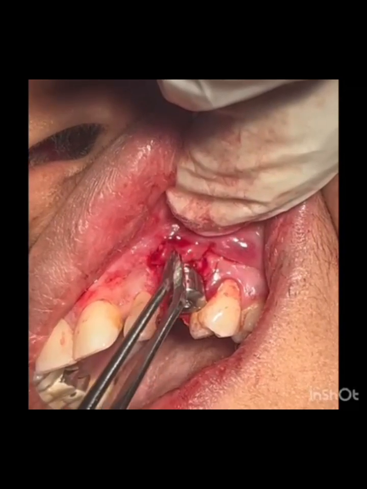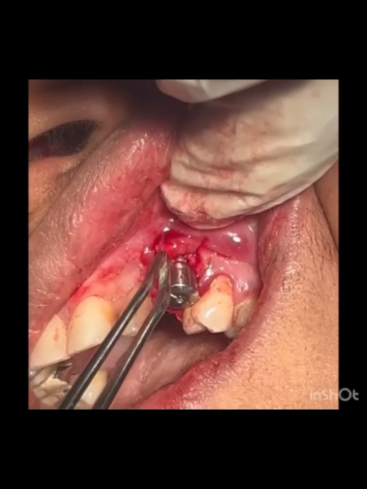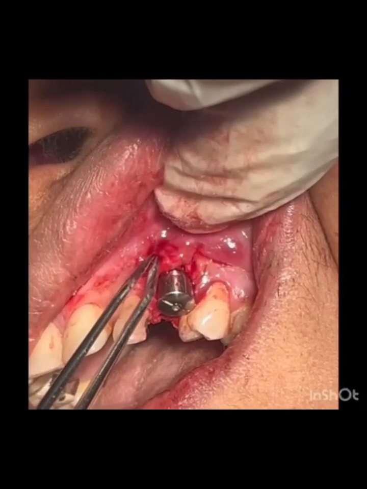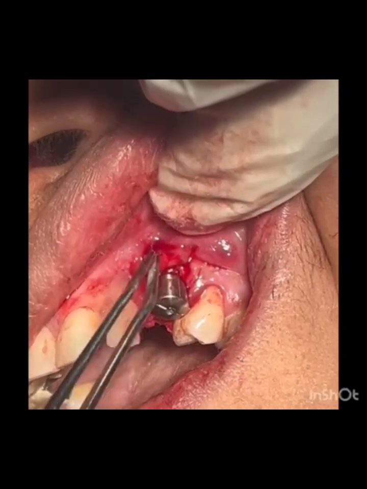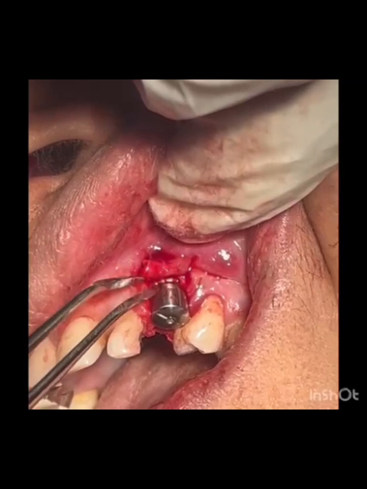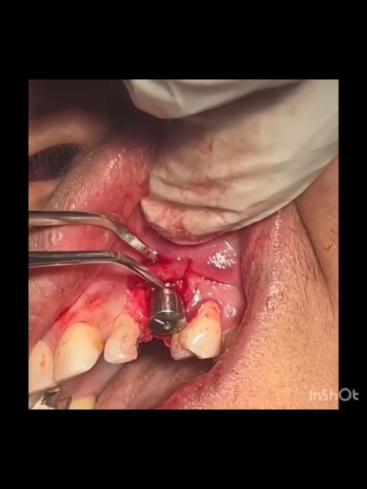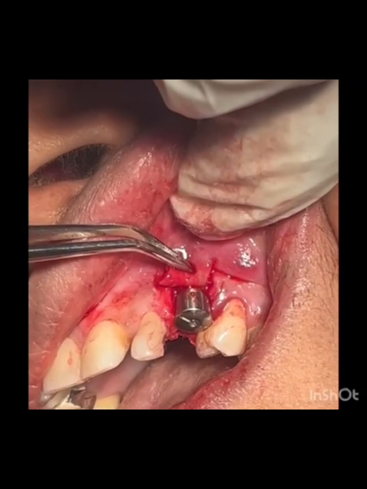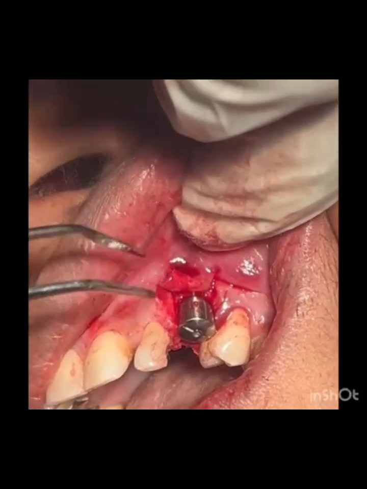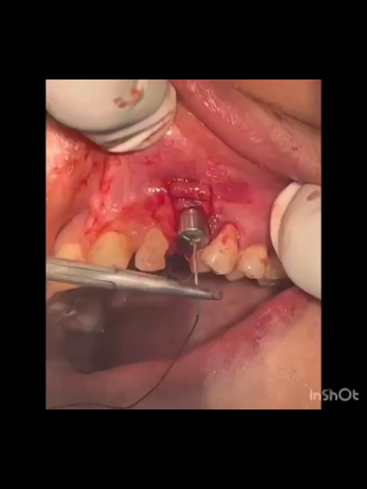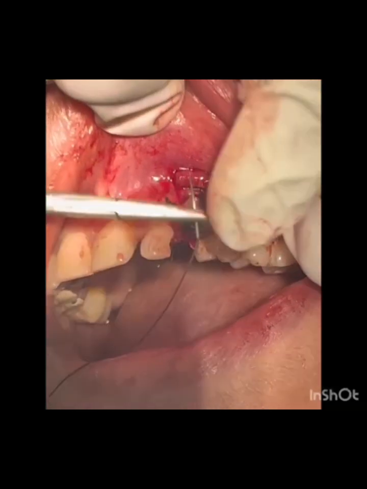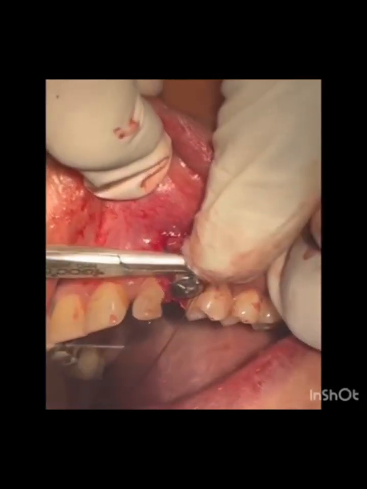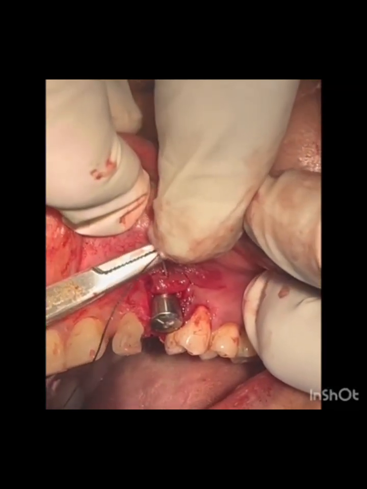So we need to have a thicker phenotype of mucosa over the peri-implant mucosal region, that is here. Okay, so this is going to be rolled inside. So this is called a roll-on flap technique. For this, we need to first fix this roll flap underneath it.